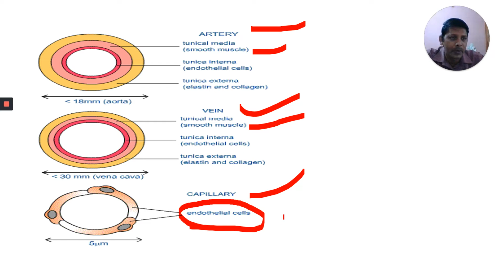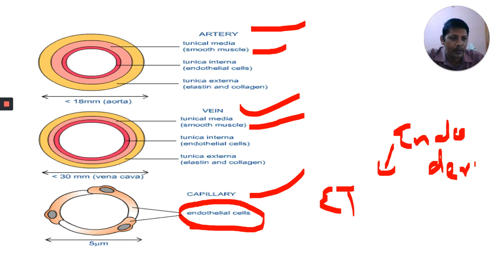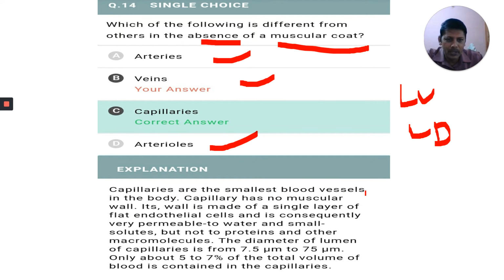This simple squamous epithelium present in the capillary is called endothelium. Endothelium is formed from endoderm. Its origin is endoderm, embryonically. Capillaries are the smallest blood vessels in the body, and the capillary has no muscular wall; the wall is made up of a single layer of flat, tile-like pavement endothelial cells, and is consequently very permeable.